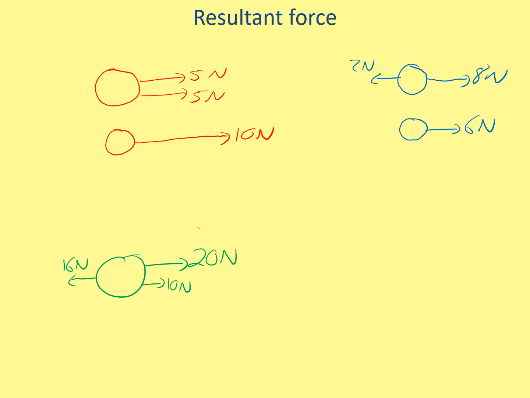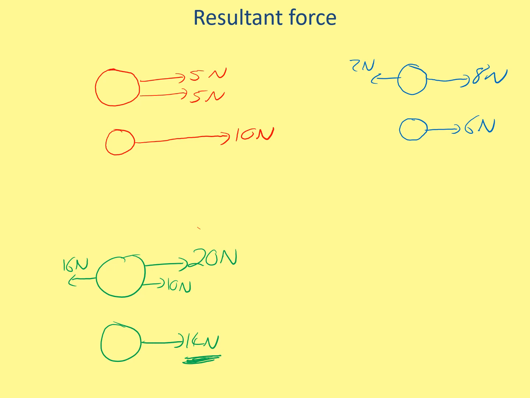What would the resultant force here be? Well, the 20 and the 10 can be added together because they're in the same direction. That will make 30. And then the 16 to the left would be subtracted because that's going in the opposite direction. So that's exactly the same as if I did the object with 14 newtons to the right. That's the resultant force. If you add all the forces together on an object, that's what's left.